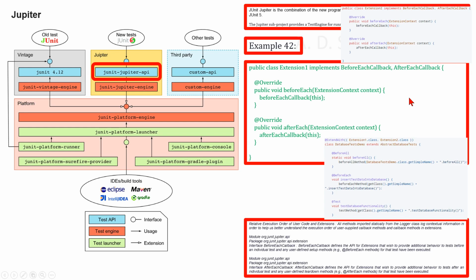That means that, given two extensions, Extension 1 and Extension 2, with Extension 1 registered before Extension 2, any before callbacks implemented by Extension 1 are guaranteed to execute before any before callbacks implemented by Extension 2.